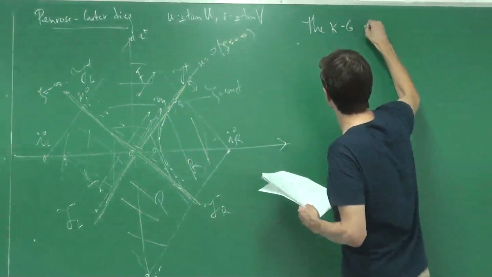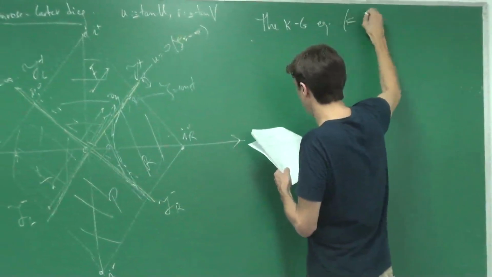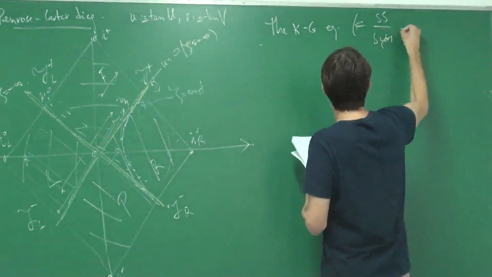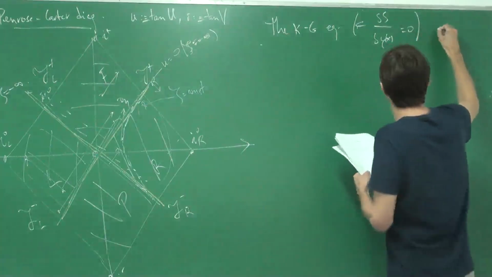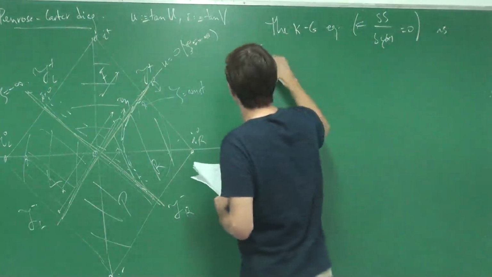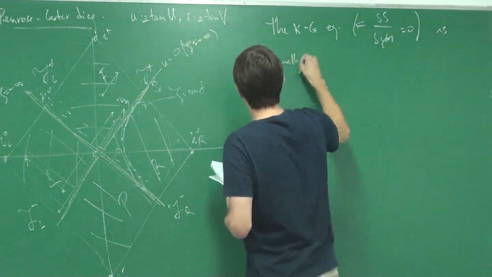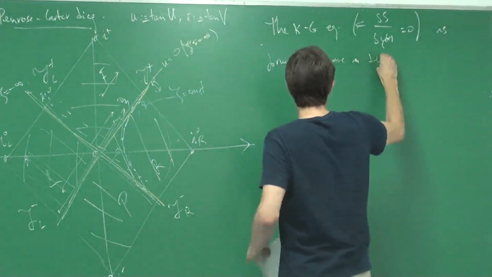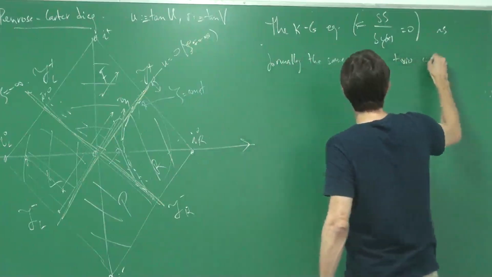The Klein-Gordon equation, which is obtained by extremizing the action with respect to the field, is formally the same in the two coordinate systems.